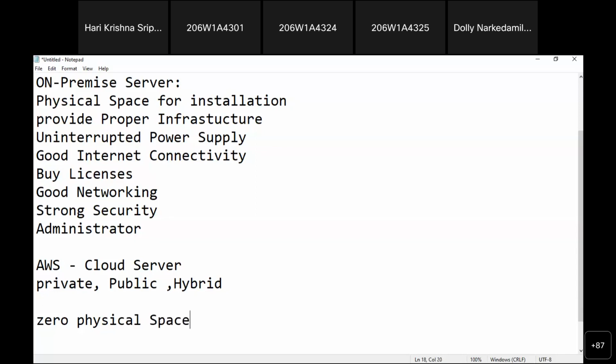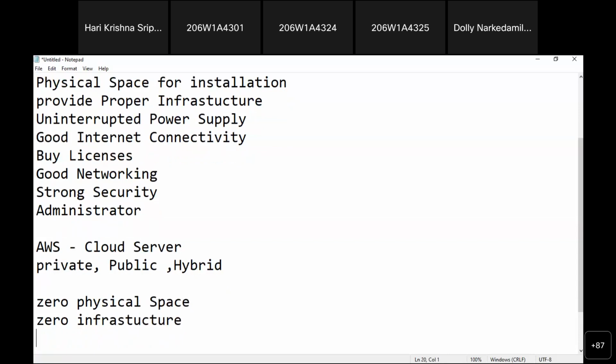So zero physical space, because all your responsibility of handling your server is taken care of by AWS. So here we'll say zero infrastructure, right? So we needn't worry about any infrastructure here.